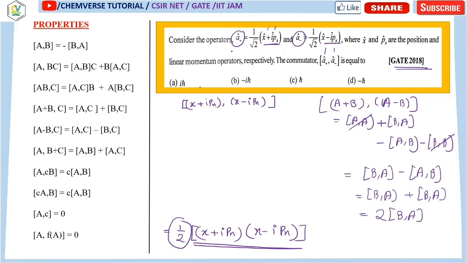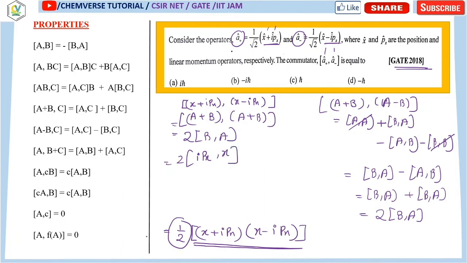Clear? So ignoring this constant, just take this as a and this as b, in the form of a plus b and a minus b commutator. This has an expression of 2 times the commutator of b a. Over here b is your i px and a is your x.